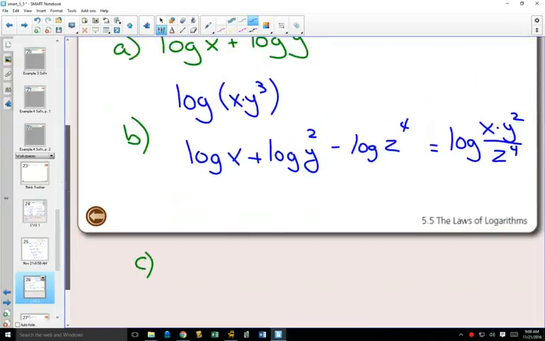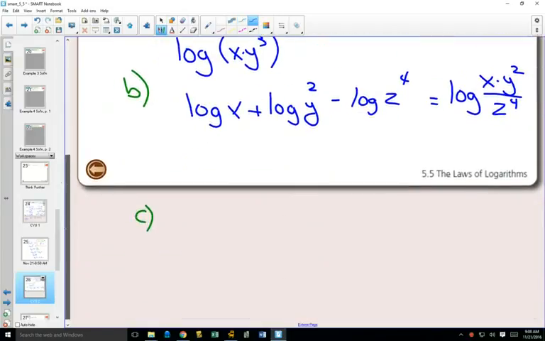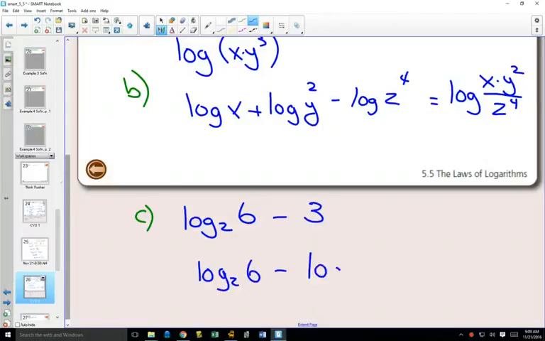And part C here we looked at already when we did question 12 in the homework. Here we want to write that 3 as log 2 of something.